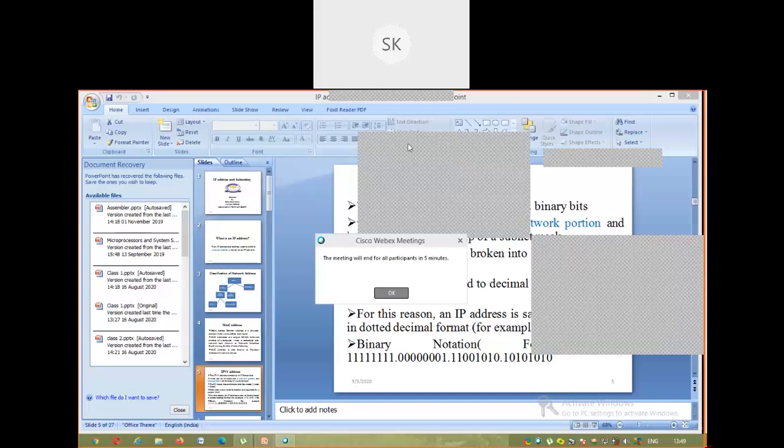Hope it's clear to you. Those who have doubt, you may ask your friend or me at any time. But without knowing conversion between binary and decimal, it's very difficult to learn this topic, because from the next class onwards we'll only talk about binary and decimal all the time.